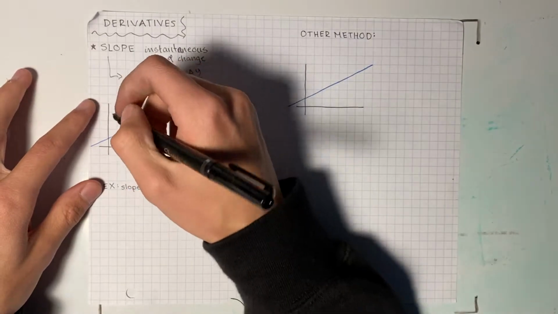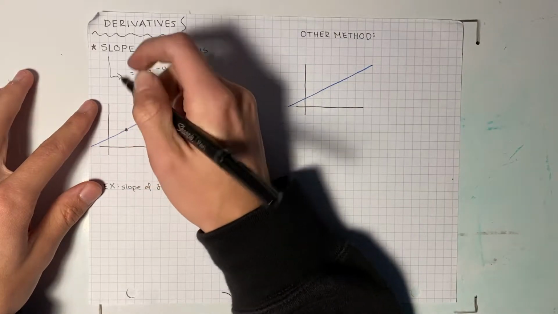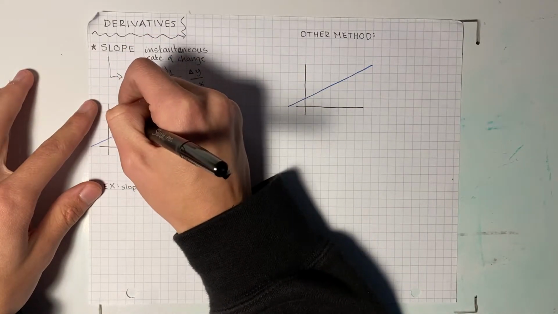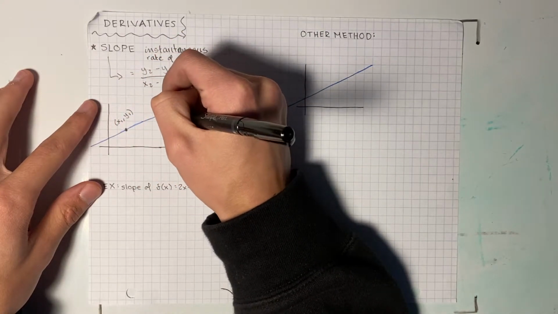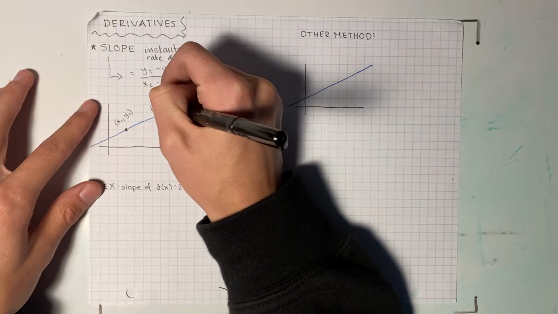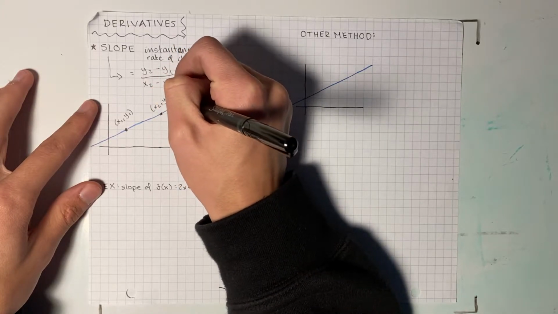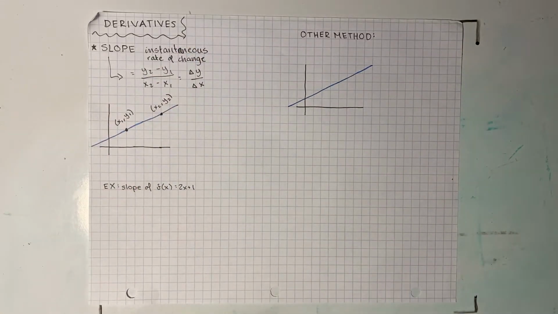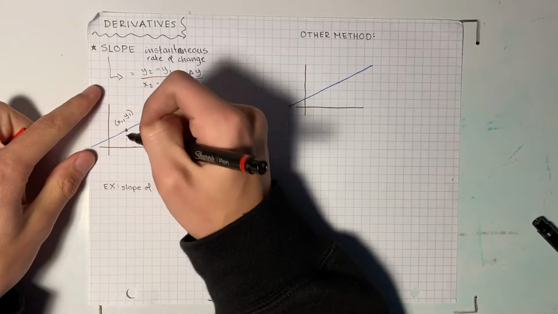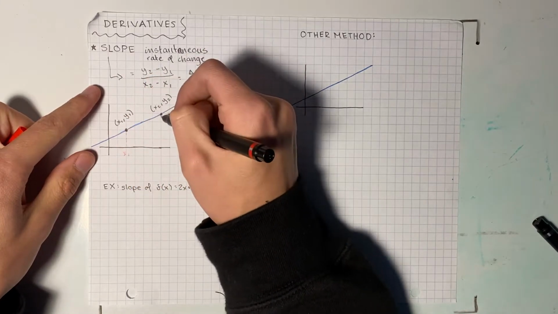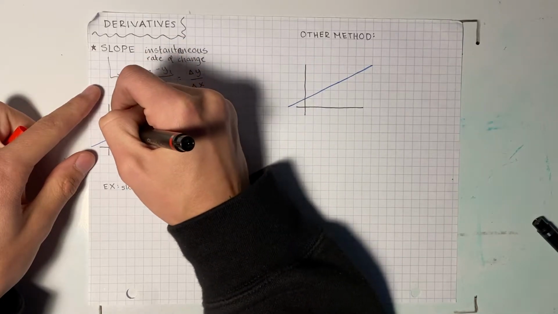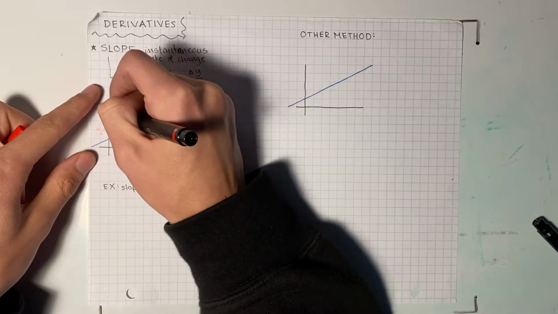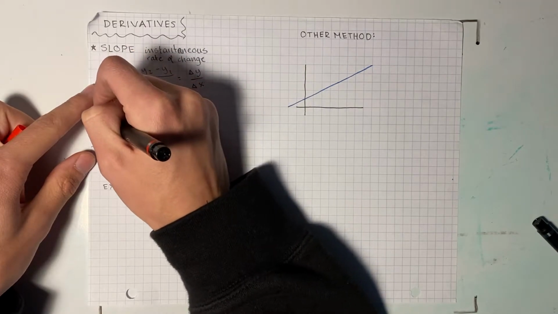So let's just say you have two coordinates here: x1 comma y1, and right here x2 comma y2, and you can figure out the slope of these, right? So right here you have x1, and then right here you have x2, right here you have y1, and right here you have y2.